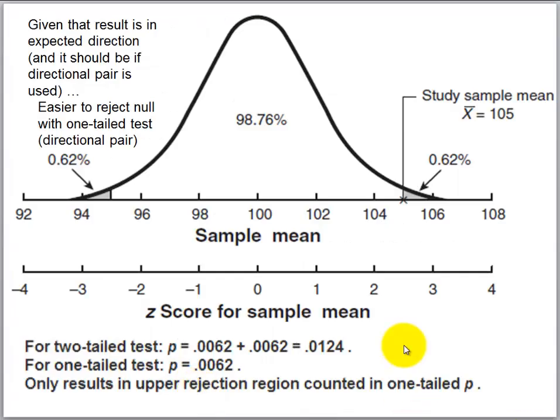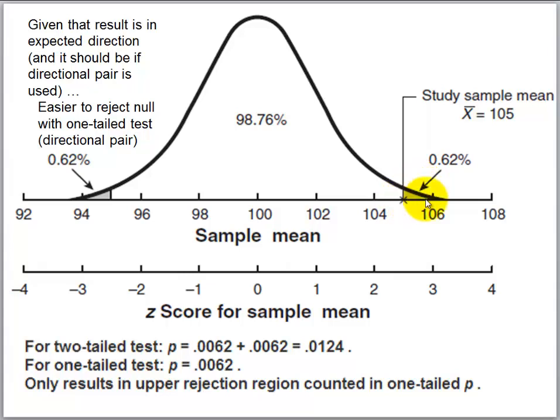So here we're getting a look at the sampling distribution, and here's our study sample mean. Now, if one was calculating p from the perspective of the two-tailed test, you would consider cases that are as extreme as the study result or more extreme in both directions.